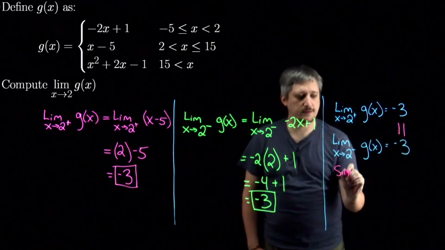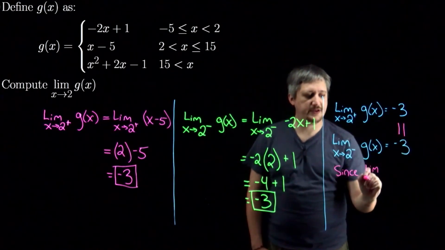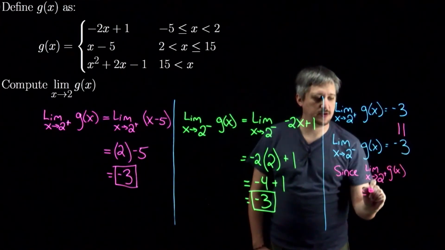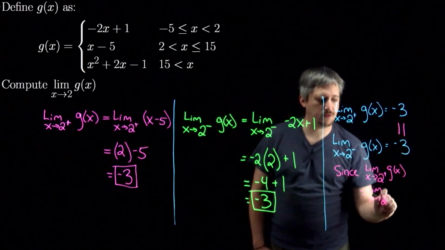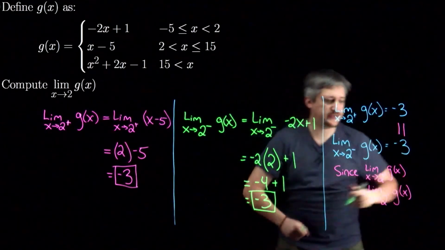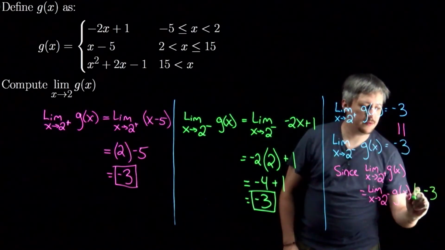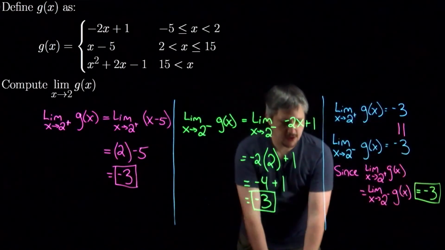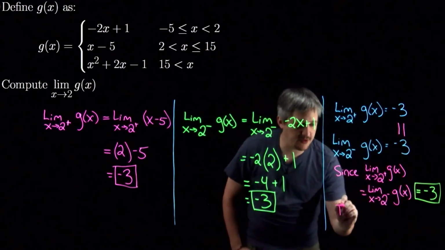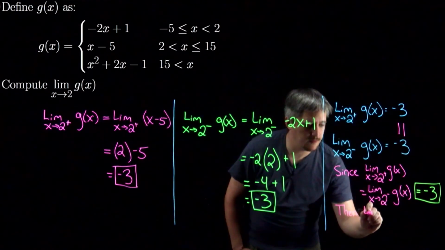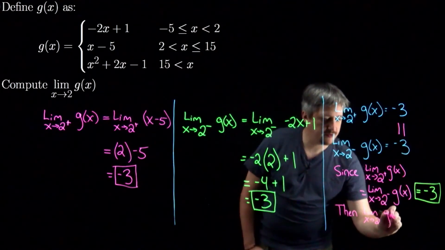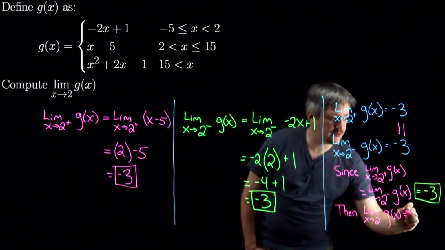So since the limit as x goes to 2 from the right of g of x equals the limit as x approaches 2 from the left of g of x, which, to be clear, both equal negative 3, then the overall limit as x approaches 2, not from the left or right, but actually approaches 2 of g of x, is exactly that thing, negative 3.